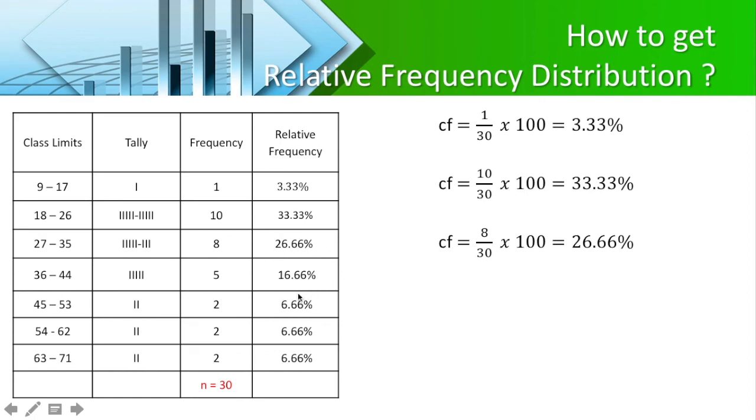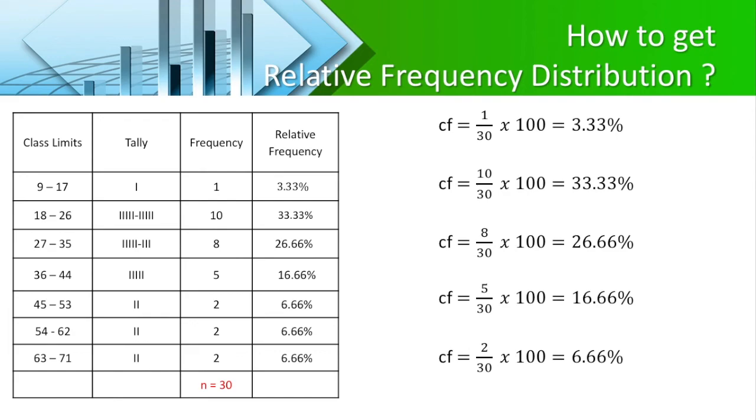Then 16.66, we got that from 5 divided by 30 times 100, which is 16.66. And for this, since they have the same frequency, that is 2 divided by 30 times 100 equals 6.66%. So that is a very simple percentage.